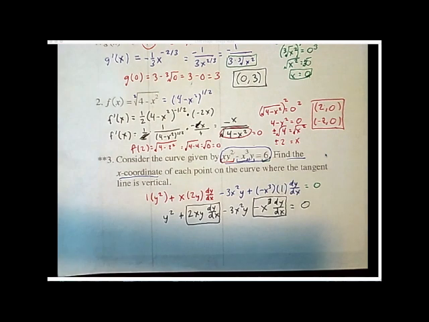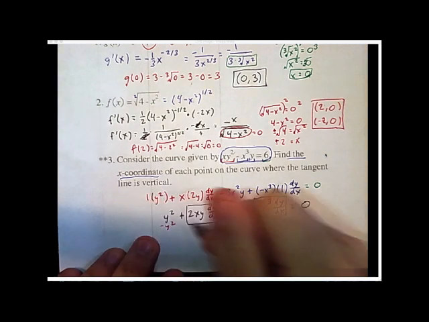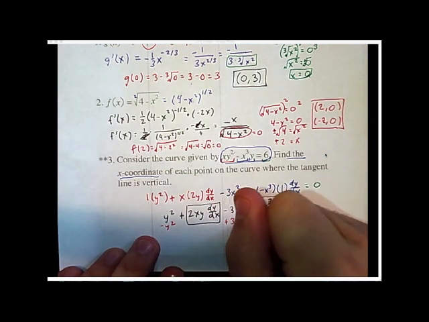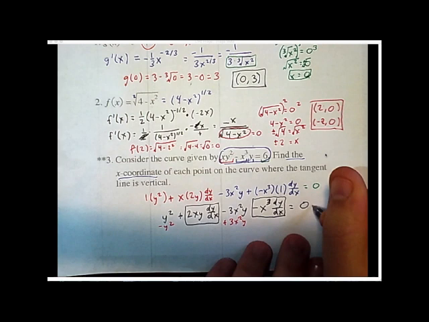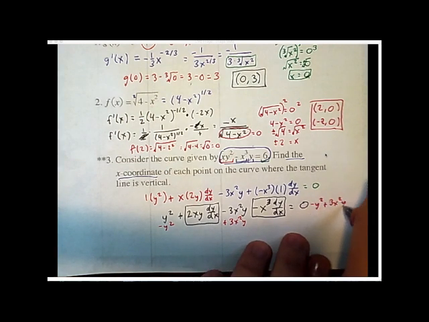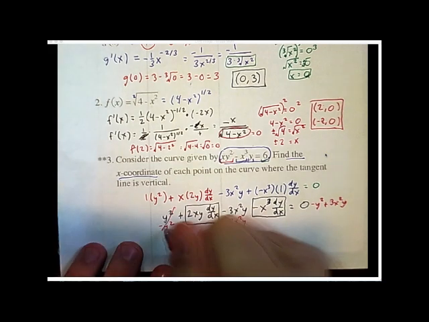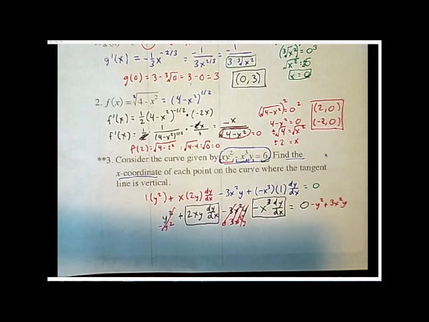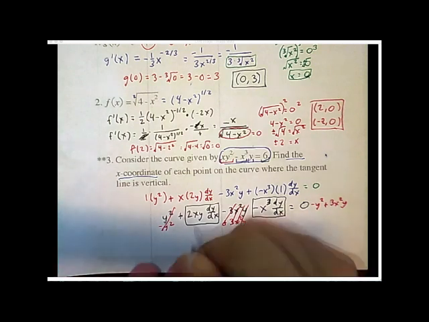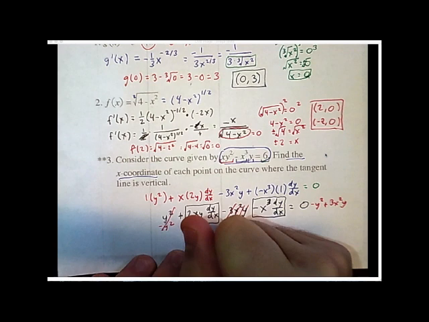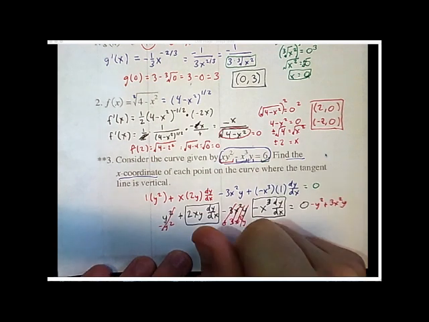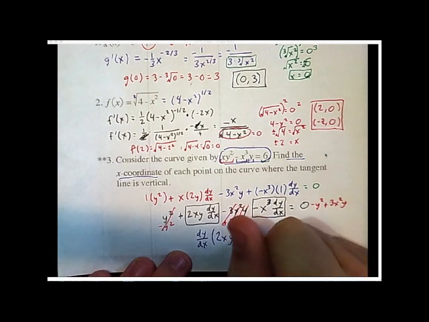The other two terms I want to move to the other side. So I'm going to subtract y squared from both sides and add 3x squared y to both sides. So minus y squared plus 3x squared y. That'll get those to cancel. Of these other terms, what do they have in common? They have a dy/dx in common. So I'm going to factor that out. And I have 2xy minus x cubed.